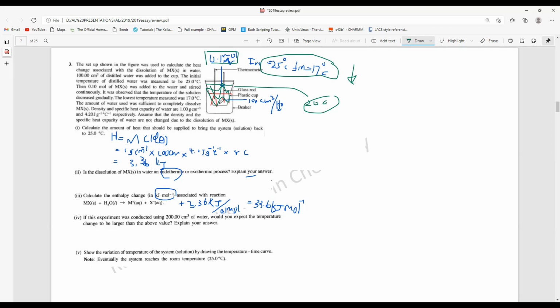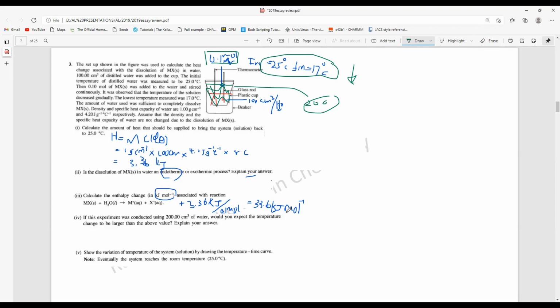But when you have more water, which means you are increasing the volume now from 100 to 200, there will be more space that can be given to the amount of water molecules that you have. Why? Because when the dissolution happens, the enthalpy per mole is not going to change.